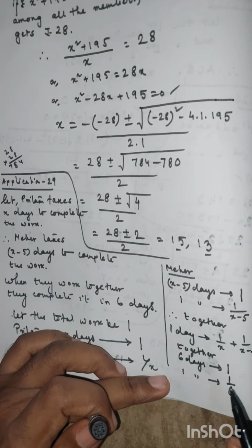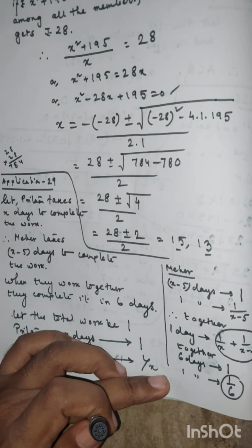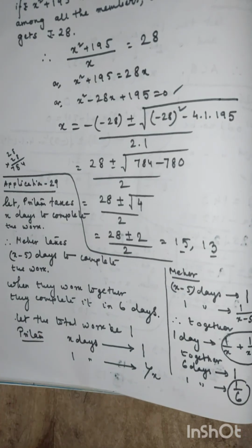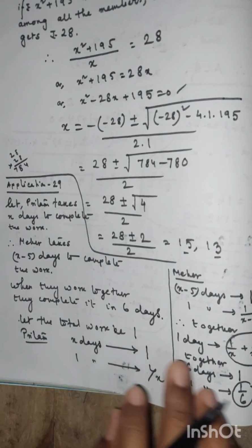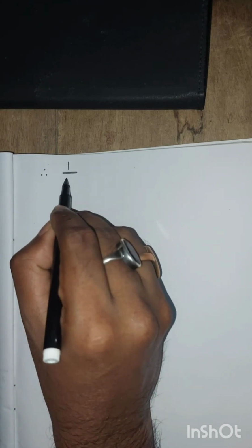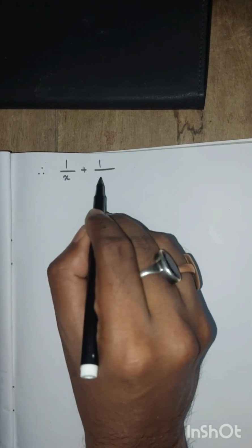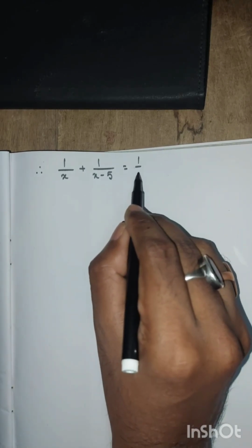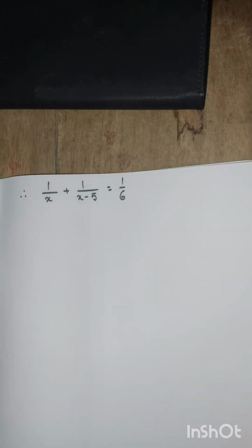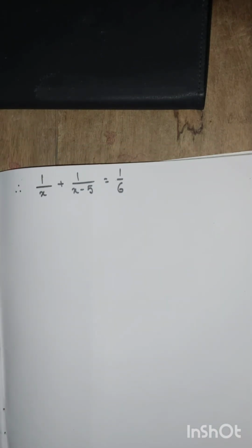And here we can see, when they work together in 1 day, they complete this much of work. So these two things are equal. 1 by x plus 1 by x minus 5 equal to 1 by 6. This is our required equation.